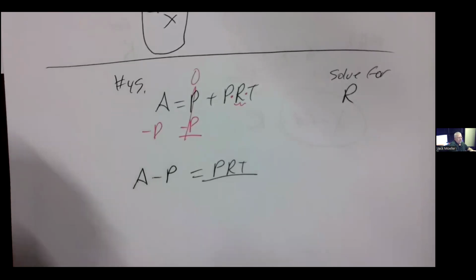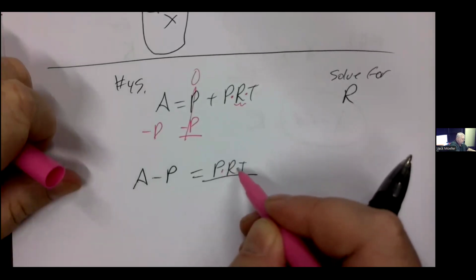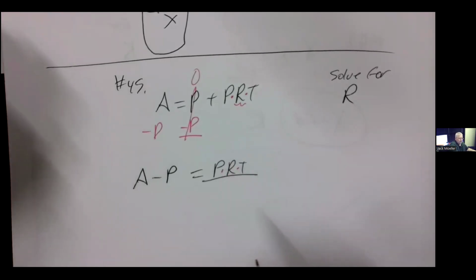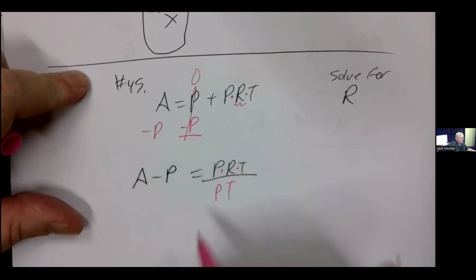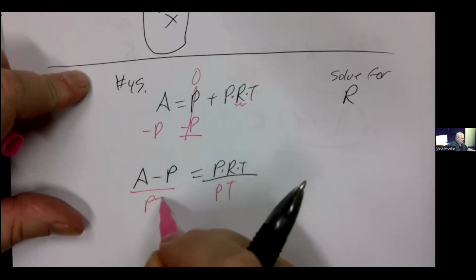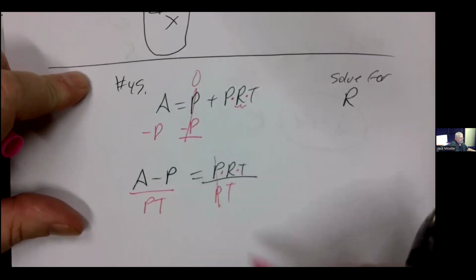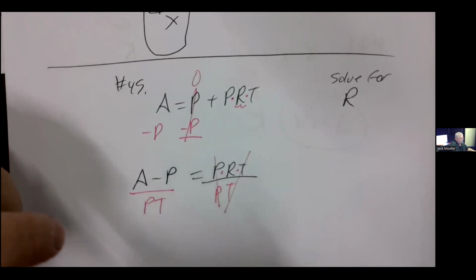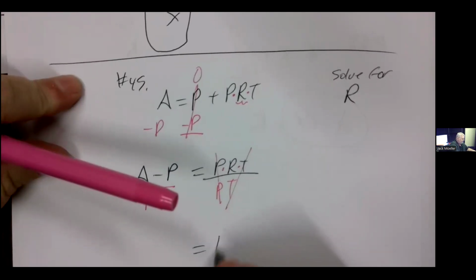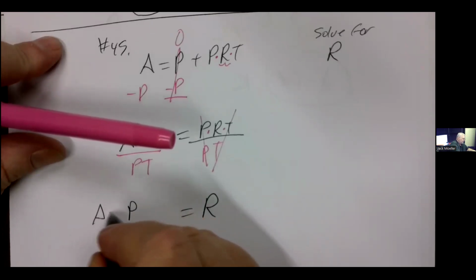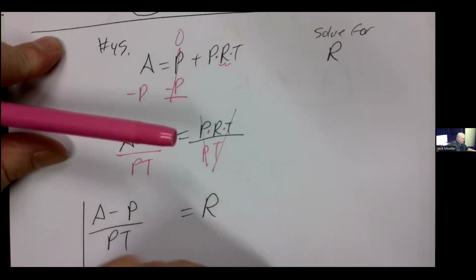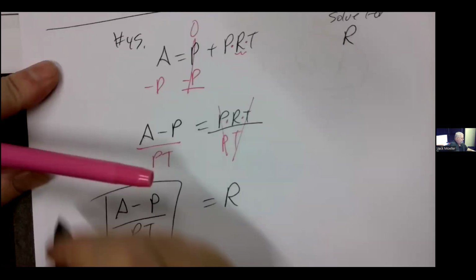Now, we could divide these in two steps, but since they're both multiplied, just go ahead and start by dividing both sides by PT. Because P divided by P is 1, T divided by T is 1, leaving us with R. Okay. And then over here on the left-hand side, we have A minus P over PT. And again, stop here.